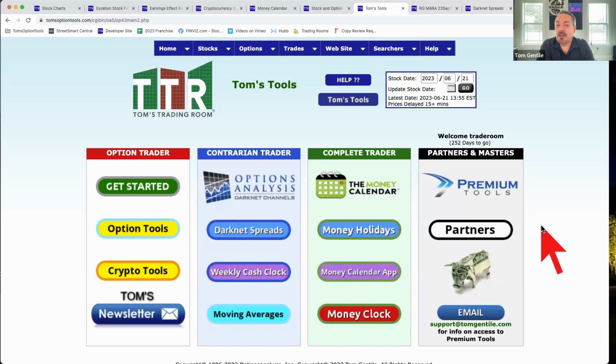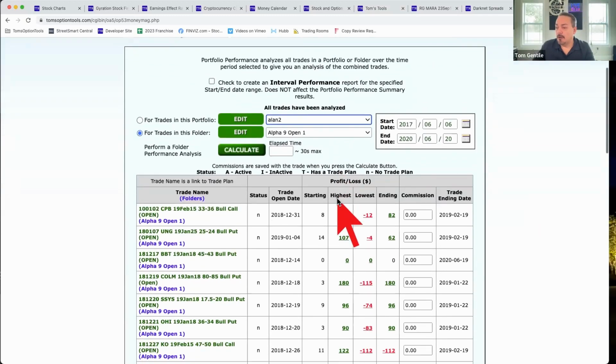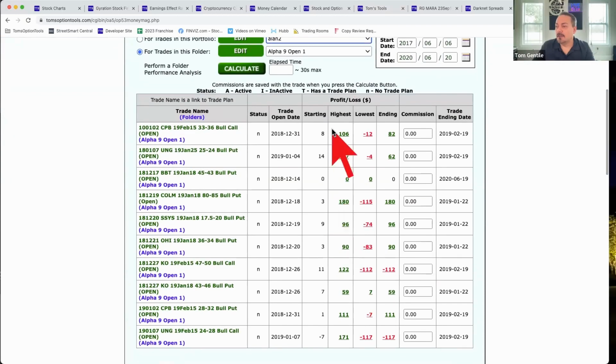The other notables I have is we have trade management in here. We have portfolios. I can run a portfolio. Here's a portfolio on a trade on a list of stocks back in 2018, if I wanted to revisit this again. I could see, all right, here's what we started with. Here was the best that these trades did, that run up. There's the drawdown and there were the ends.